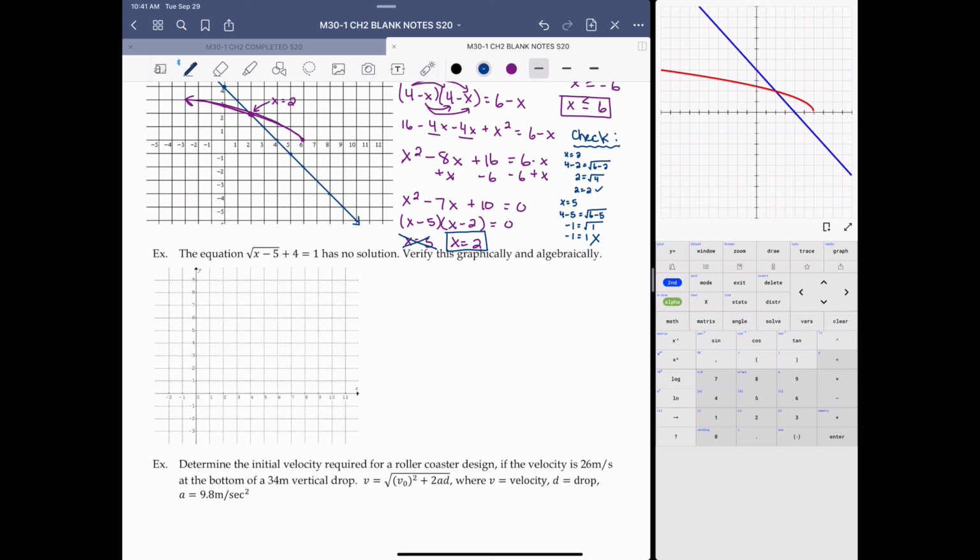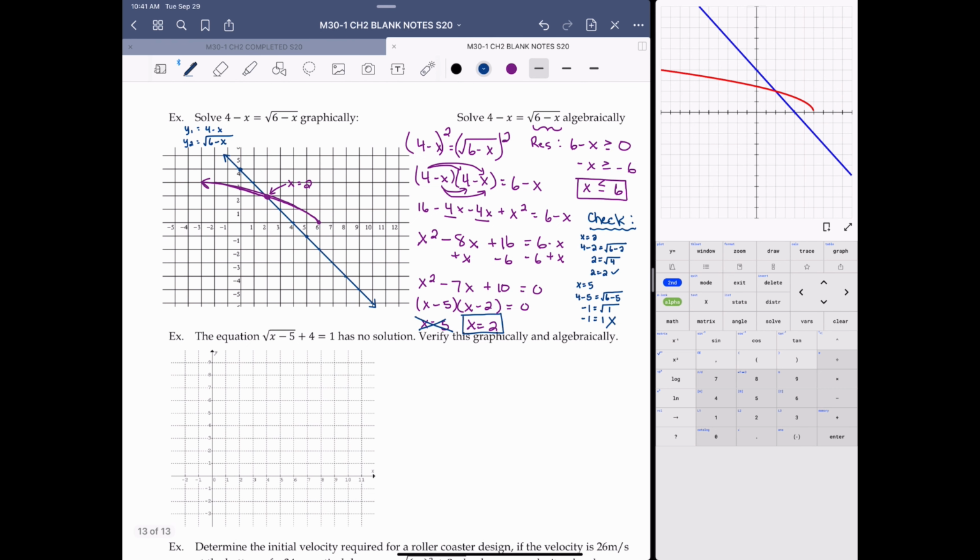The equation square root of x minus 5 plus 4 equals 1 has no solution. Verify this graphically and algebraically. Again, we can graph two functions and find the x values of the intersection points, or we can graph one function and find the x-intercepts of that function for the solutions.